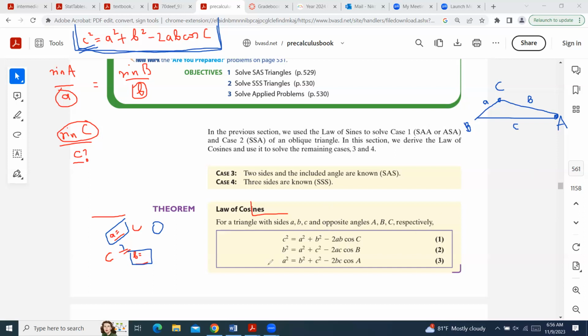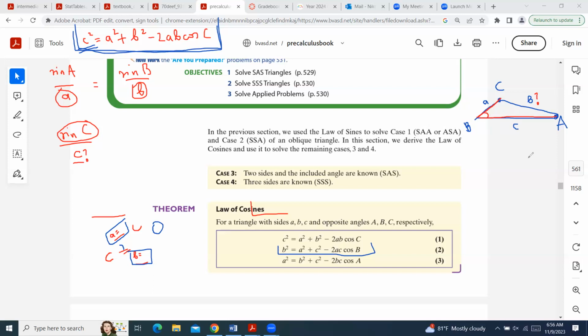Like, for example, the second one deals with the side B that we need to find, and we can find it if I have the other two, such as A, C, and the angle in between.